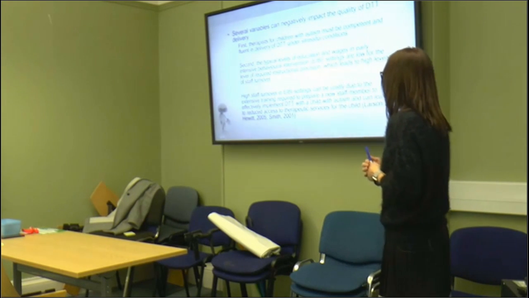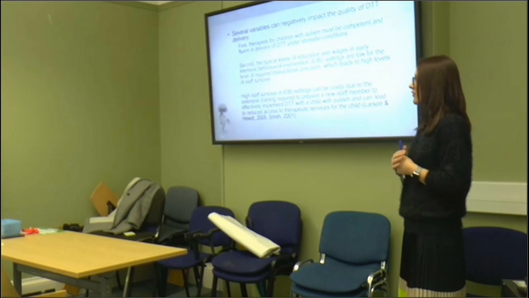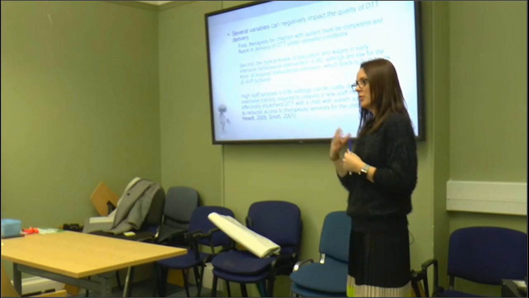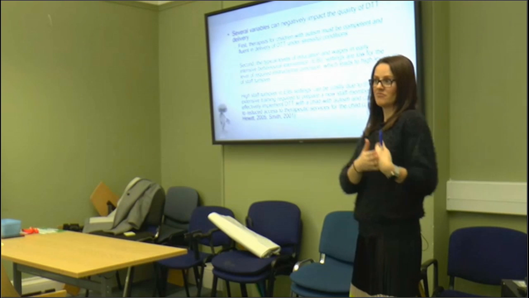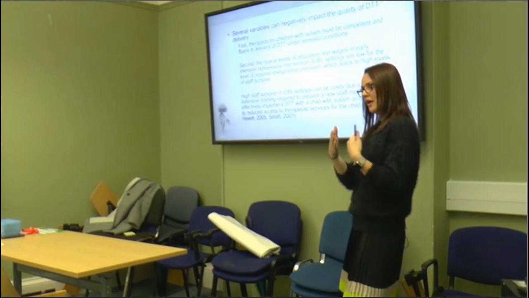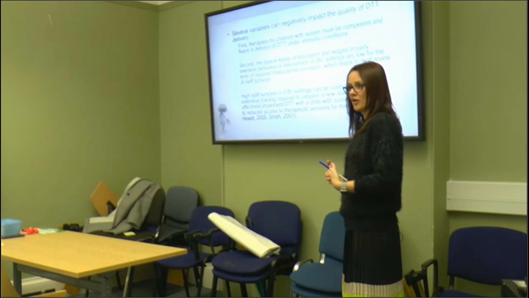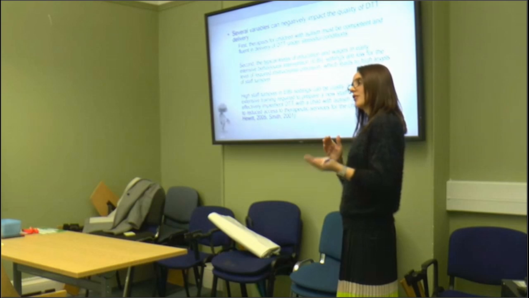Second, the typical levels of education and wages in early EIBI settings are low for the level of required instructional precision. So we get high staff turnover. So we maybe have therapists coming in to work in family homes who are maybe halfway through their masters and they're paid, or they're volunteering and then they leave because they've been offered a job and things like that. So once they get that level of fluency, we then have to retrain other people coming up the ranks.